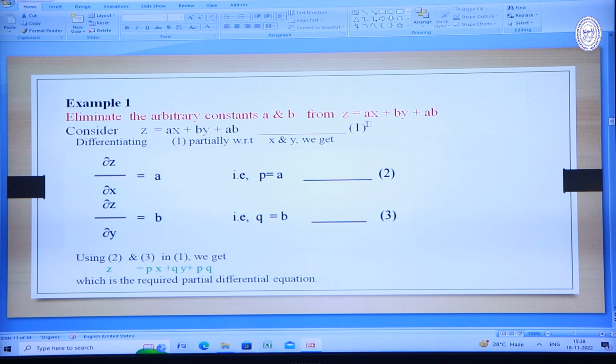To do this, we first differentiate this equation with respect to x and y, then we get this, and we know that del z by del x equals p and del z by del y equals q in partial differential equations.